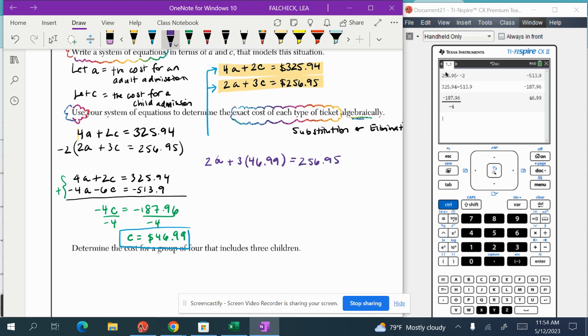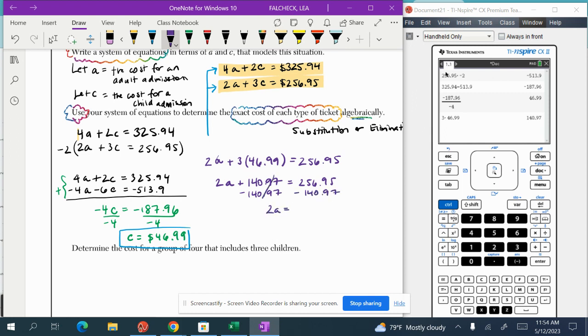So I'm going to type the 3 times 46.99 in my calculator, and I'll get 140.97. I want to get A by itself, so I'm going to subtract that 140.97 from both sides.